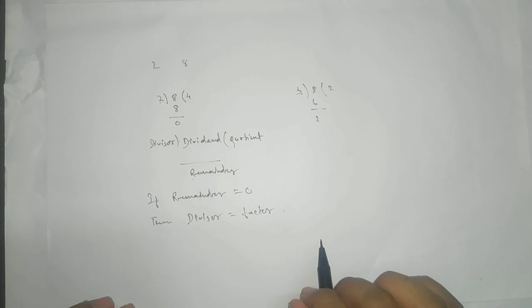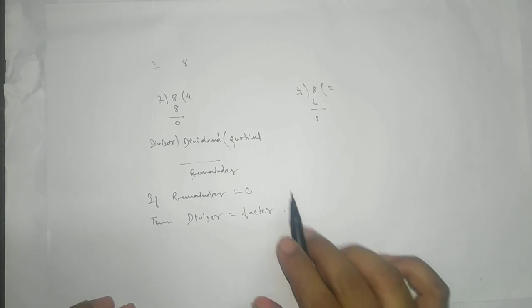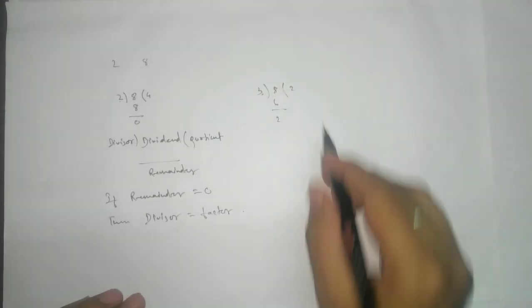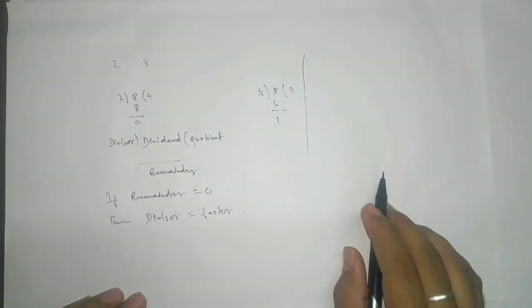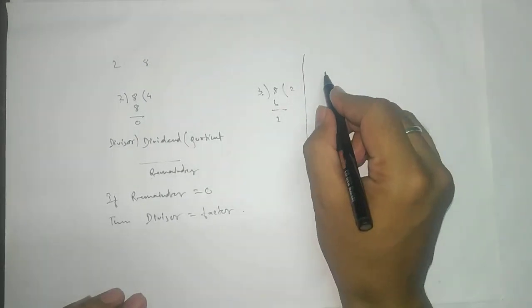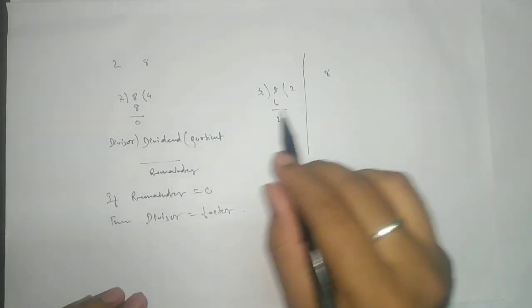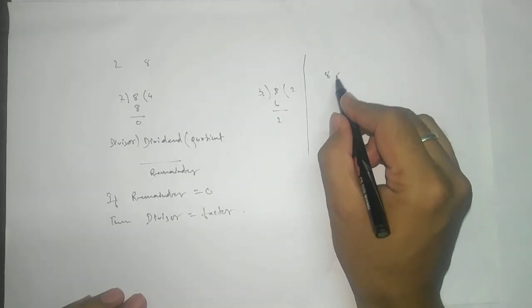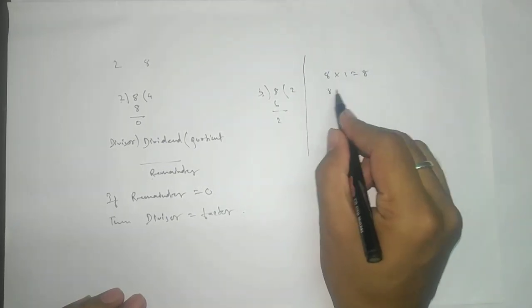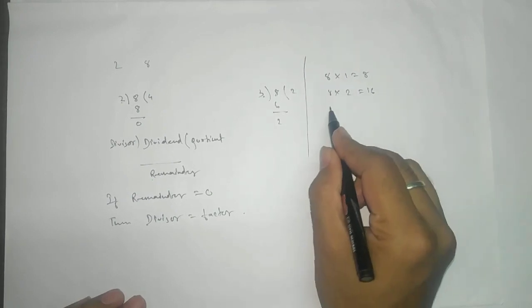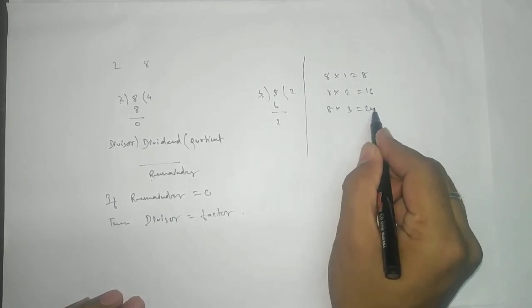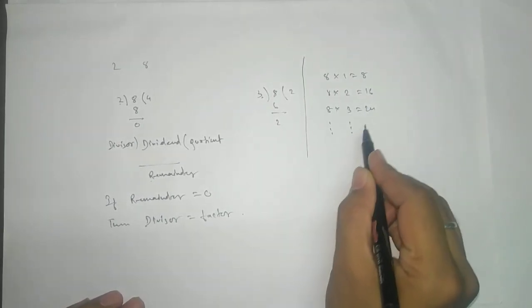So, very important. Now, what is a multiple? If I go for the multiples of 8, I take 8 times 1 is 8, 8 times 2 is 16, 8 times 3 is 24, and so on.